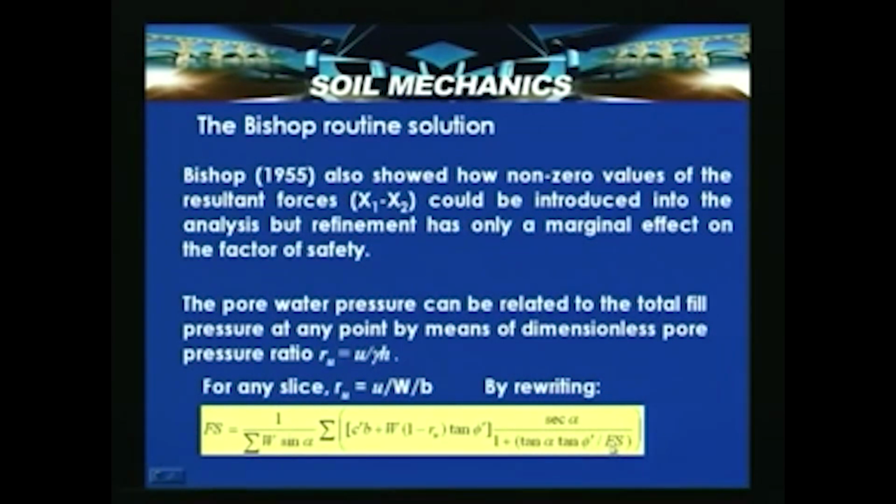Bishop 1955 also showed how non-zero values of the resultant forces X1 minus X2 could be introduced into the analysis, but the refinement has only a marginal effect on the factor of safety.